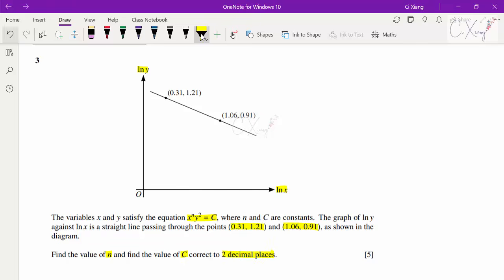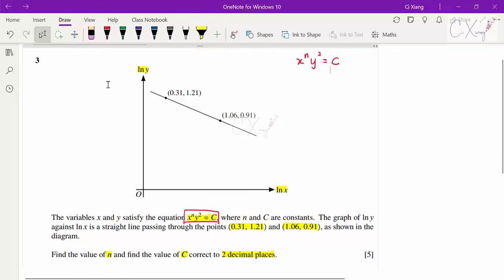If you look at this equation, generally we should know that this equation shouldn't be a straight line. So they have already tried to modify the equation into a straight line equation. From here, according to the diagram that they sketched, we have to rephrase our equation in terms of ln y and also ln x. So first step, we take ln on both sides.